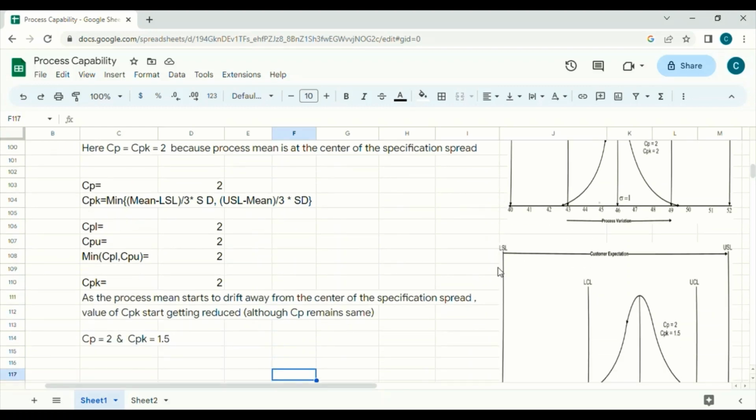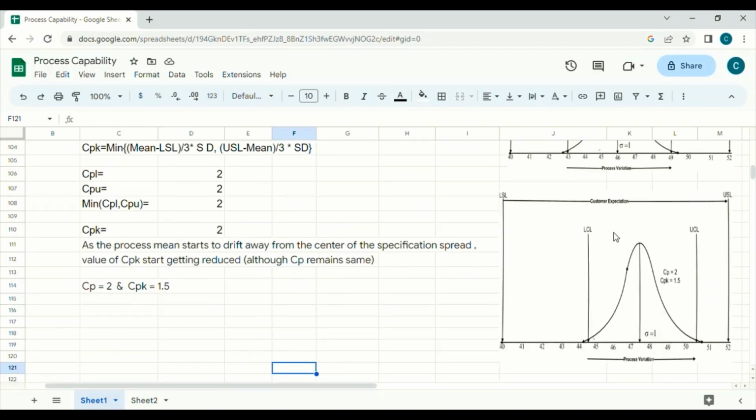Now come to the second scenario, where you can see Cp value again is 2, but the Cpk value you can calculate, which will come 1.5 here. That means in this scenario, the process mean is shifting from the target. You can see from 46 it has come to 47.5.